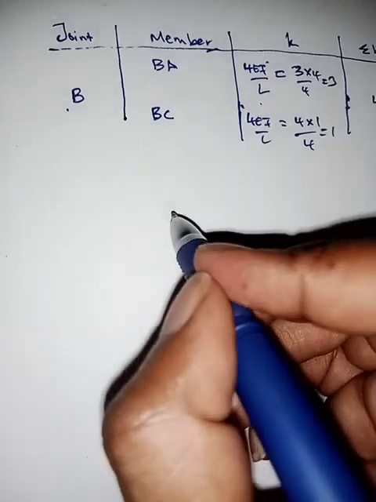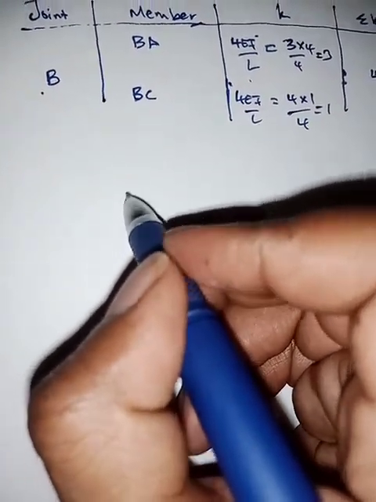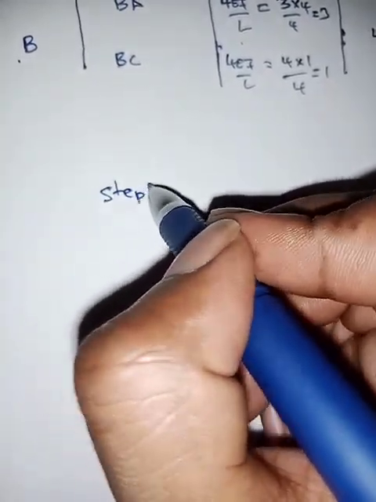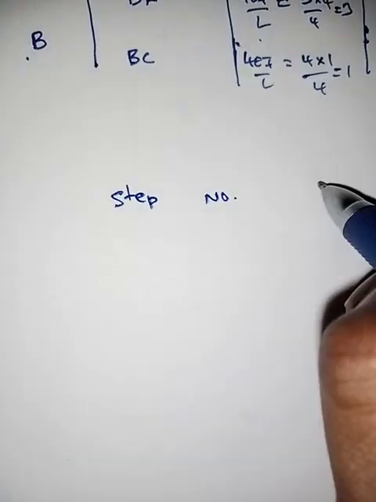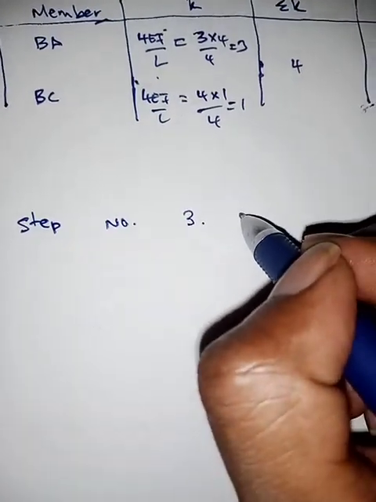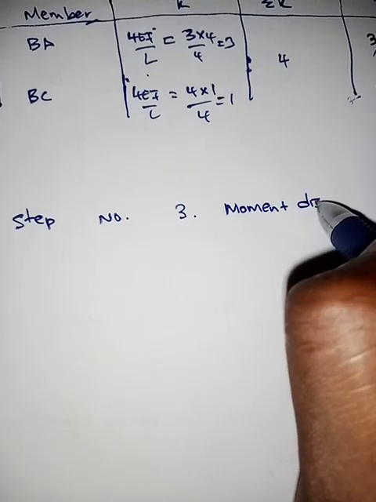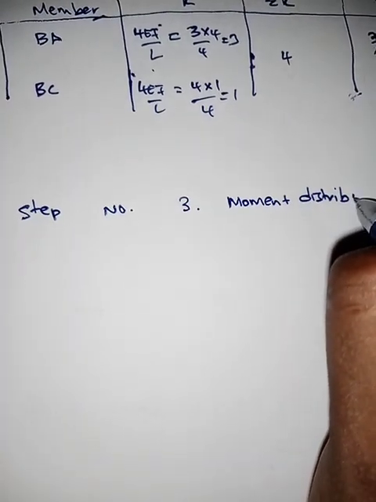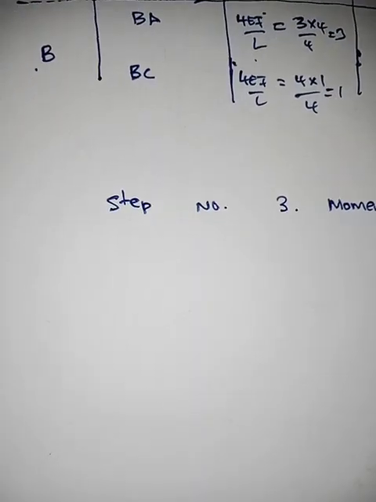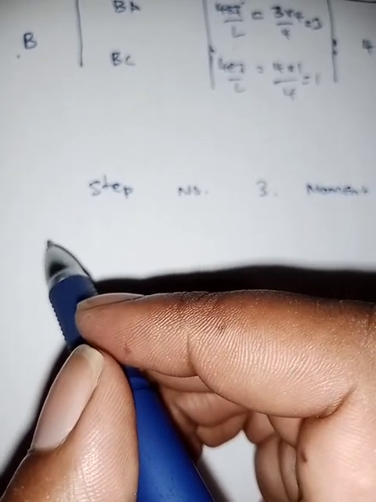Now let's do our final step, and that is moment distribution. Step number 3, that is moment distribution. Now for this, we are going to prepare a table again.